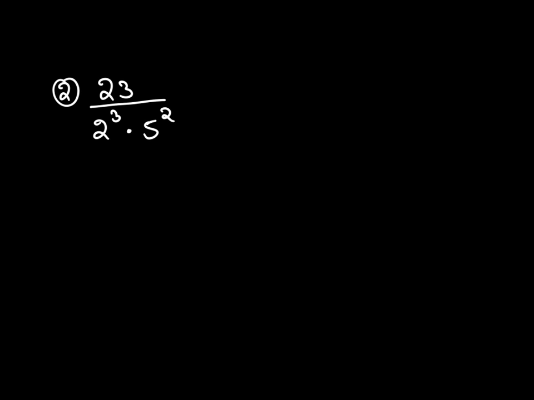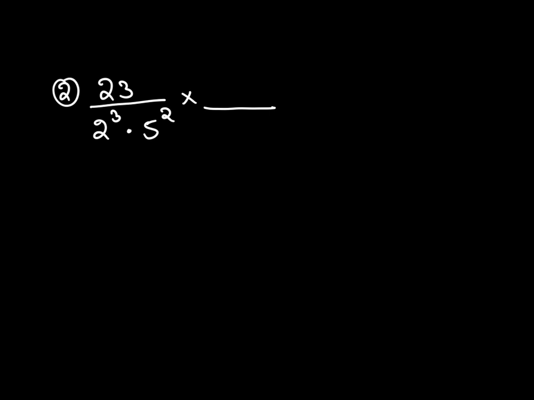Let us express this as a terminating decimal. In order to do that, I have to make the denominator a power of 10. Now in this case, it's going to be 10 to the power 3. How do I do that?